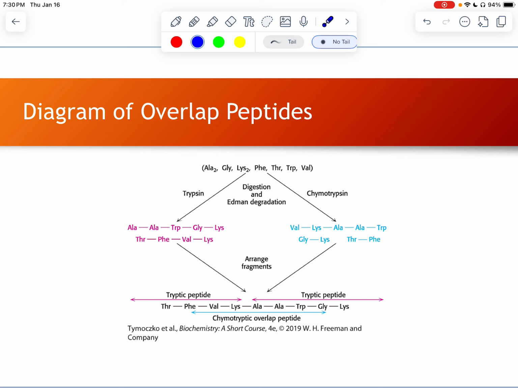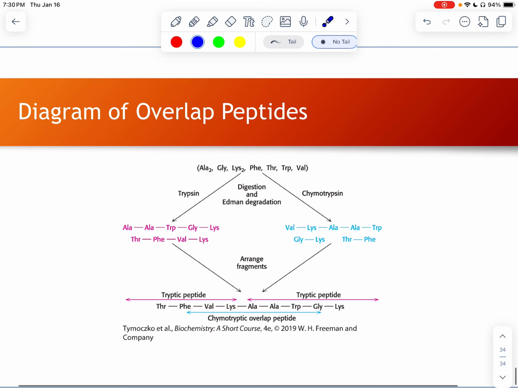And then, y'all, it's essentially a logic puzzle. So, for example, I'm going to come over here and I'm going to say, I've got two alanines next to each other. And I've got this other piece, but I don't know if this other piece, does it go here? Is it after the lysine? Or does it go here? Maybe this piece was the first piece, the N-terminal, and it goes before those alanines.